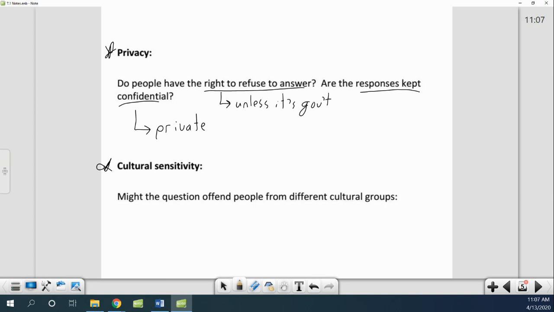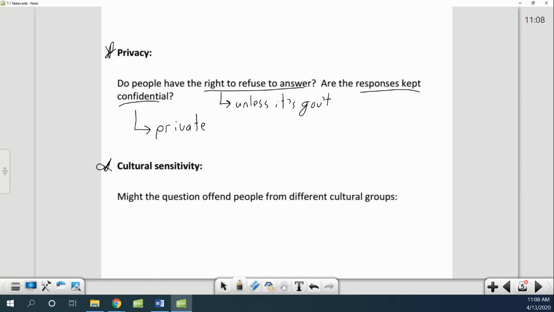Same thing has to be considered with questions, right? If you're asking certain questions about certain things, that might offend people from different cultural groups. You have to assume that if you're doing a good job of your survey, it's going to get out to all kinds of people, because you don't want bias. You don't want to be asking a certain type of people if you want to get a good, solid set of data without bias.